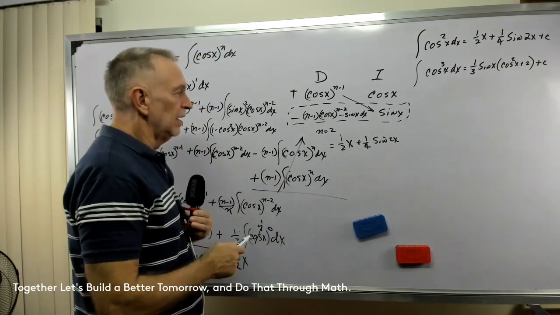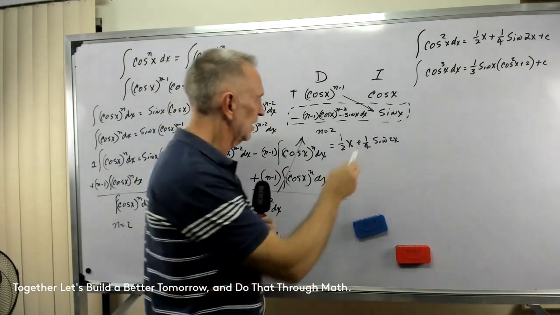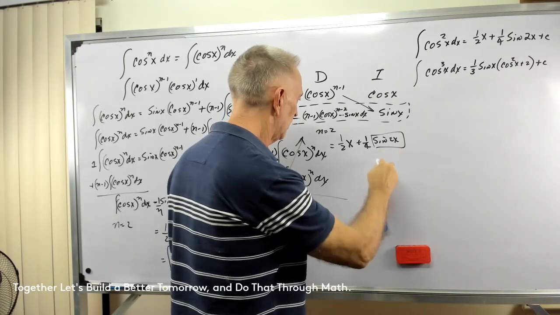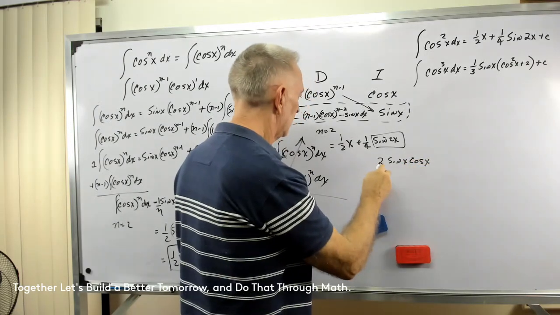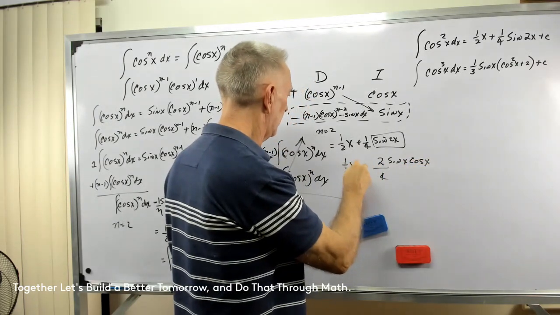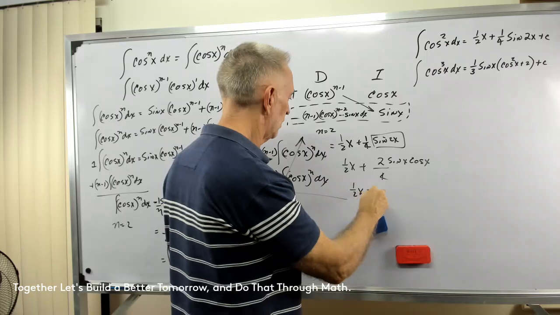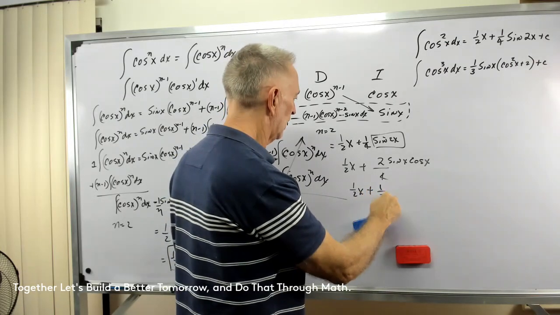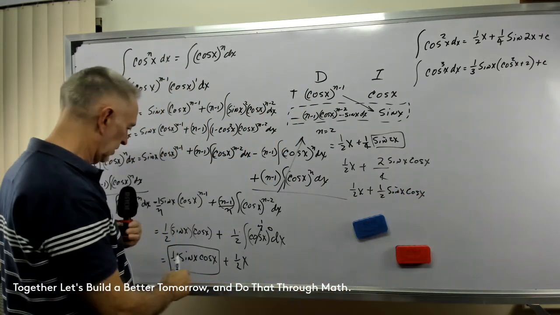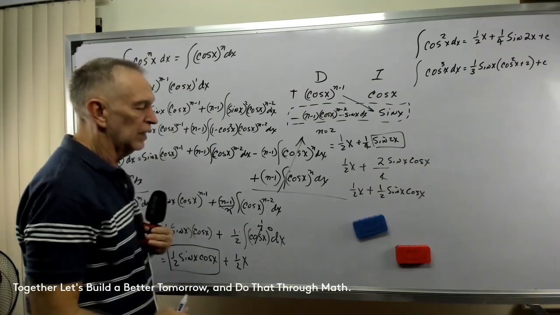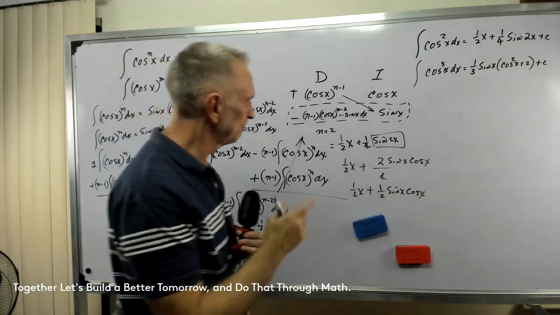Well, sine of 2x is 2 sine x cosine x. So this piece right here is 2 sine x cosine x over 4. So I have 1/2 x plus 2 over 4 sine x cosine x, which is 1/2 x plus 1/2 sine x cosine x, which is what we have here. Now you may be thinking, oh, well, how do I really know that?